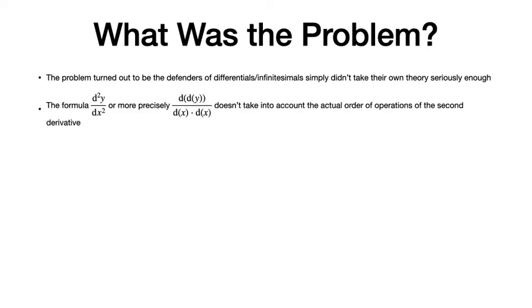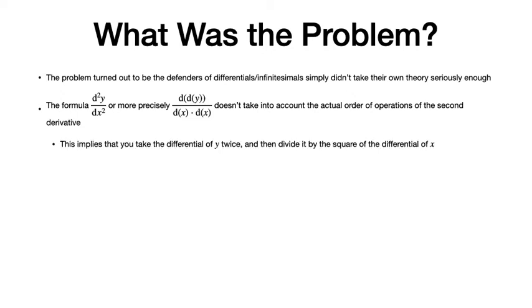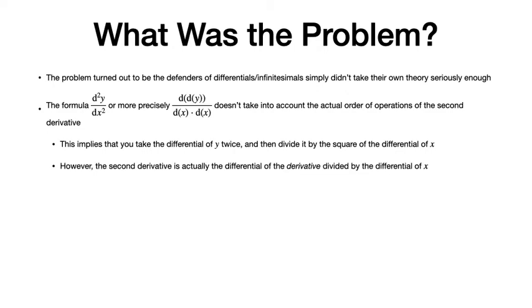Because the formula, the second differential of y over the differential of x squared, doesn't take into account the actual order of operations of the second derivative. What the formula implies is that you take the differential of y twice and then divide it by the square of the differential of x. However, the second derivative is actually the differential of the derivative divided by the differential of x.